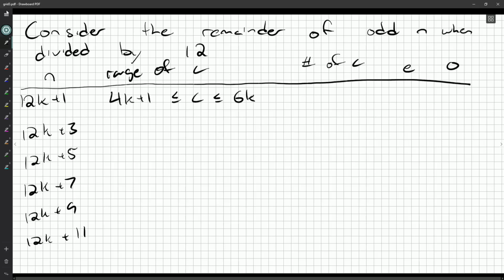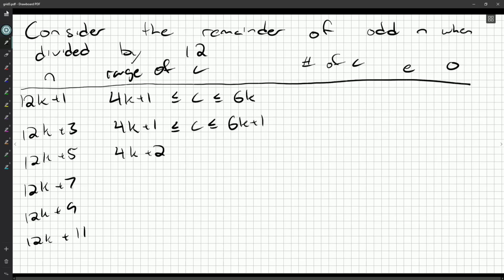Let's just get the ranges and then we'll work out the number of possible c values. Here, divide by 3 will actually work out, so 4k plus 1 is still your starting point, and now 6k plus 1 is your ending point. Divide by 3 here.